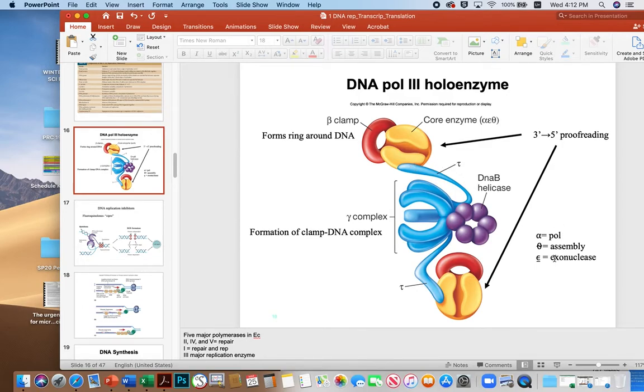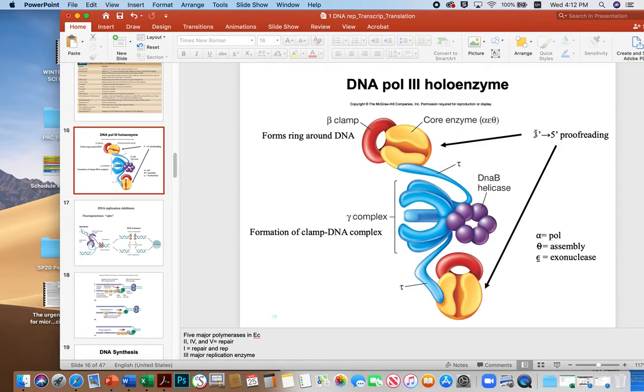But the exonuclease activity that you see here is really important. Obviously, that gives polymerase 3 the ability to, if it makes a mistake, back up, chew off the mistake, and then lay down the correct base. Here's DNA helicase, DnaB helicase, that's responsible for strand separation.